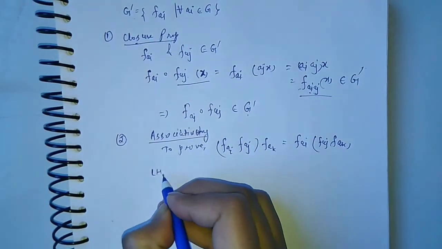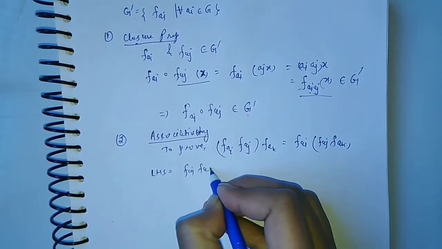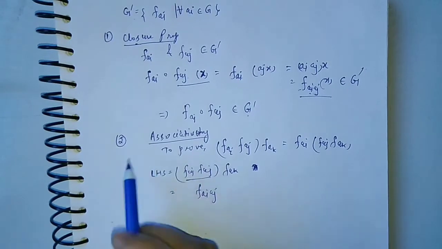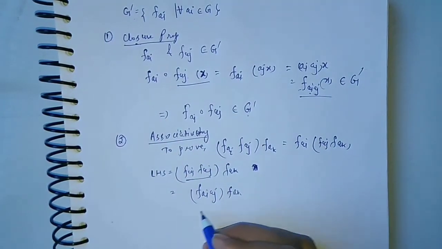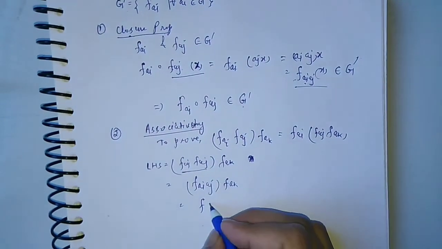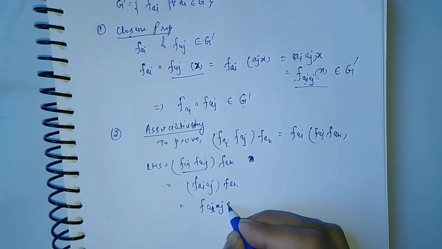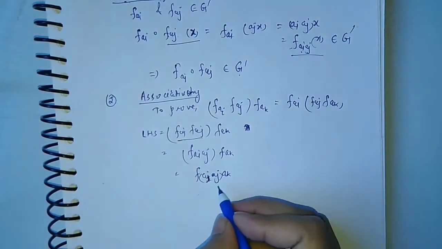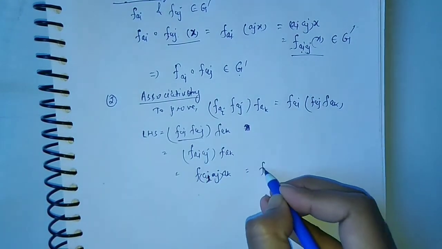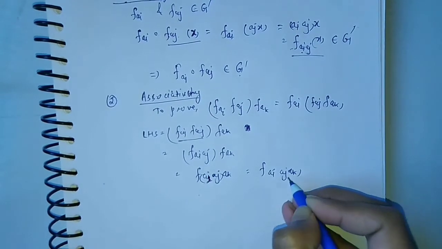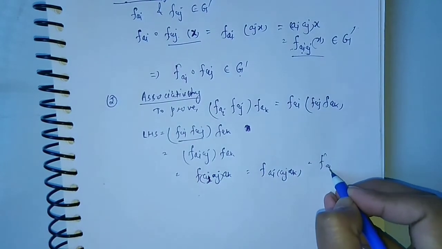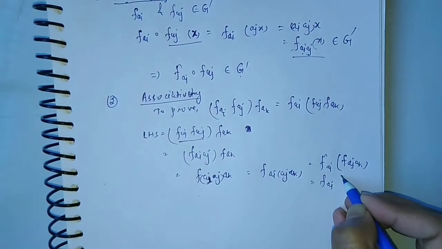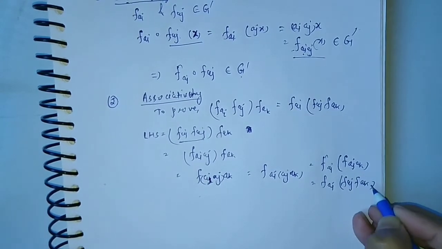So now LHS is equal to f(ai aj) from the closure property, and this will be equal to, again by the closure property, f(ai aj ak), and ai, aj, ak are elements from the group G, and applying the associative property of group G, it can be written as f(ai (aj ak)), and it is equal to f(ai) f(aj ak), and it is equal to f(ai) f(aj) f(ak) from the closure property.